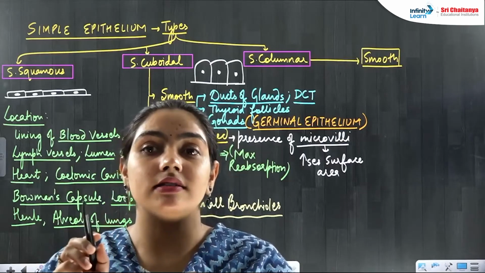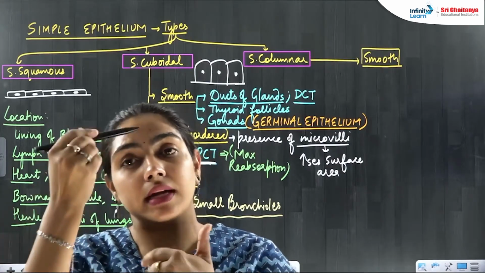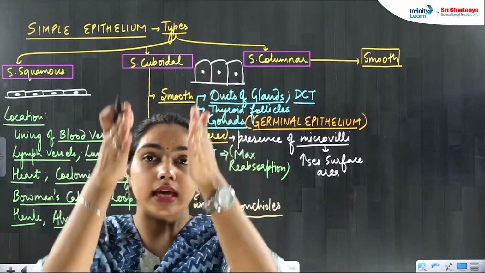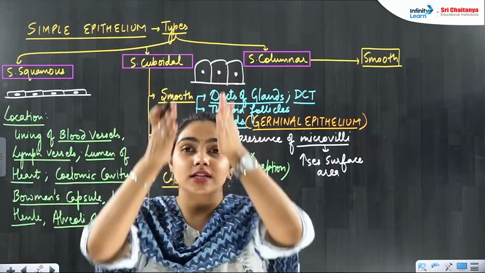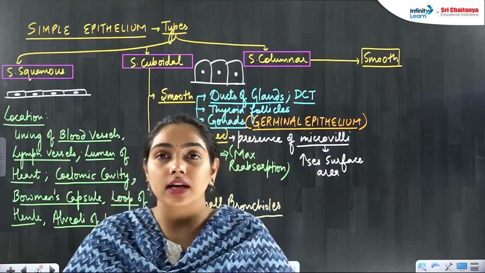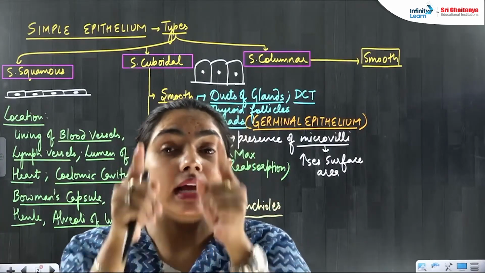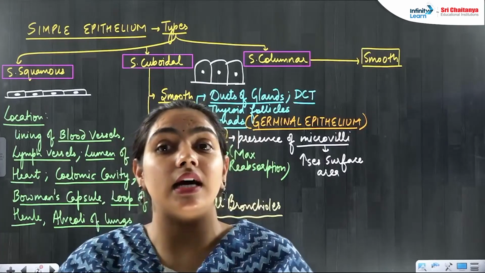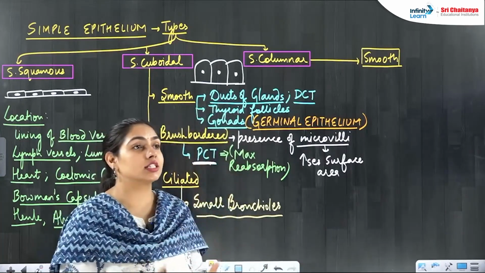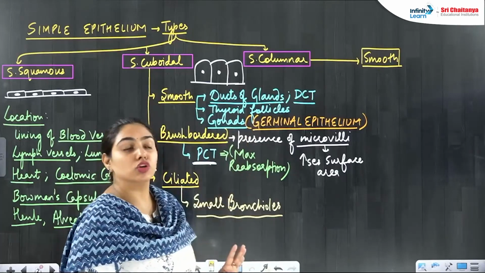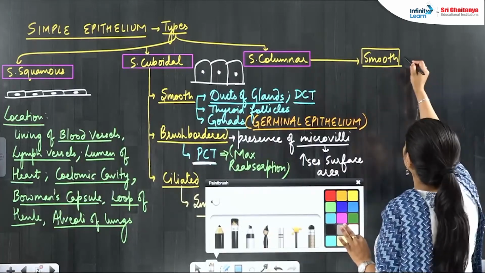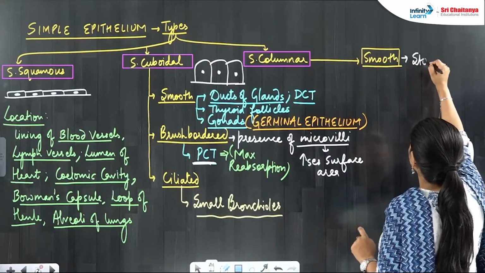In the small intestine you will find brush bordered, but in the rest of the gastrointestinal tract you will find smooth columnar. You can remember, your gastrointestinal tract is just like a tube, a digestive tube. A tube is cylindrical. Like this you can remember that columnar epithelium is present in the gastrointestinal tract. In your stomach and intestine, smooth columnar. When somebody asks you the location of smooth columnar, you can tell stomach and intestine.